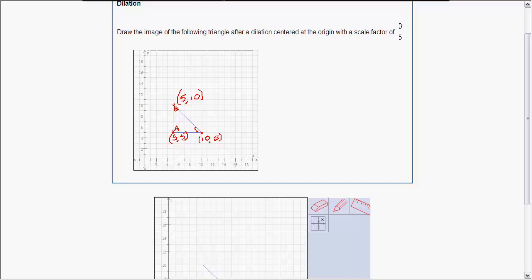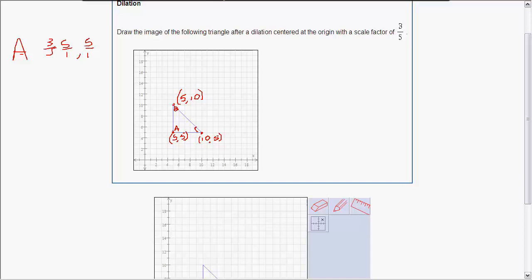So when looking at these, I'm going to take it to a scale factor of 3/5. So let's do, starting with A, we have 3/5, and I'm going to multiply that by each one of our ordered pairs, the x and the y. So 3/5 times 5, and then obviously I'm going to do it to the y, and I've got 5.